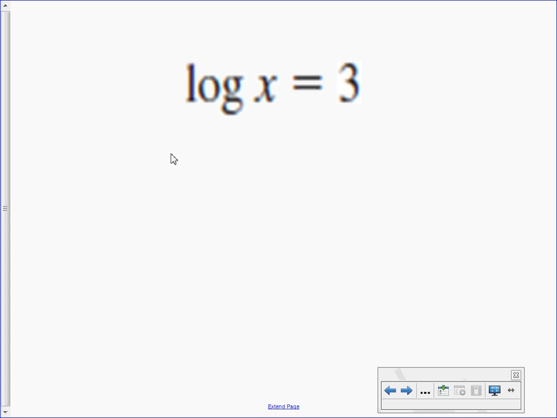Sneaky? How's that sneaky? What are you going to do? It's base 10, so what do you do? 10 to the 3rd power.